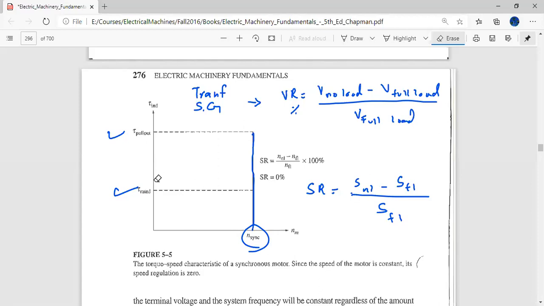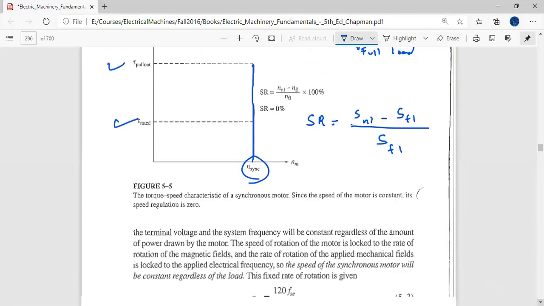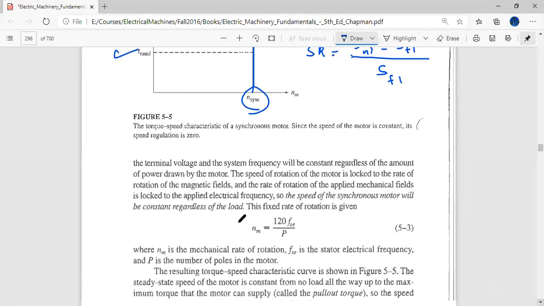For example, if the speed was decreasing or increasing, then the line should have been something like this or something like this. But since its speed is constant at the synchronous speed, you can see that it is just a vertical line, no change in speed if you change the torque or the mechanical load on the machine. This is a very important thing to note, and the formula for the synchronous speed is here.